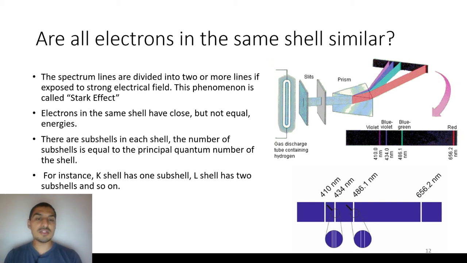These subshells have very close energies, so that from first sight they look like just one line, but actually they are different lines. Very, very close in energy, but not the same lines.